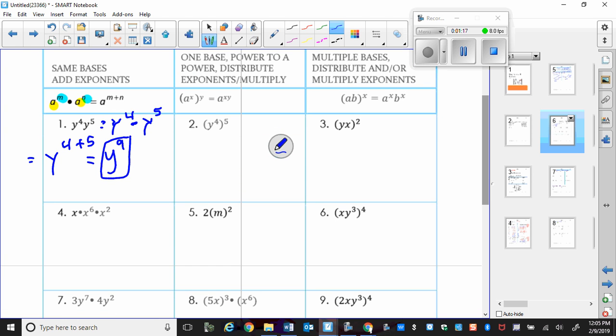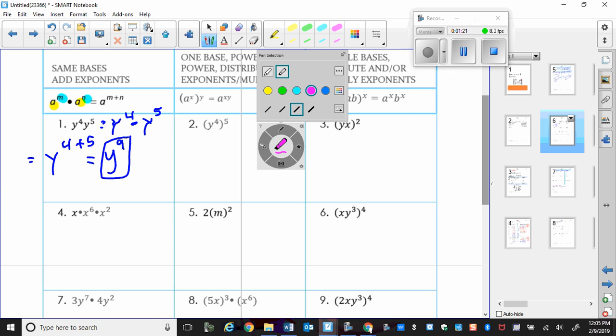So I have the same base all the way across. If you look, here's the base. It's x, x, x, x. And similarly to how we deal with coefficients when there's no number in front, when there's no exponent there, we can assume that the exponent of a base is the 1 power. So what does this look like?